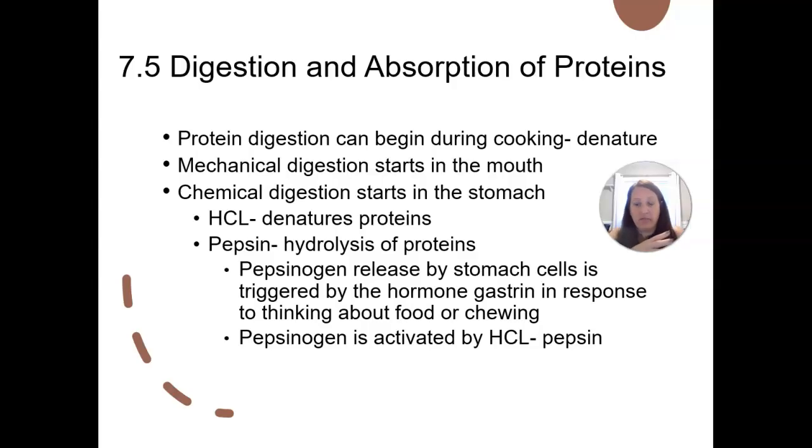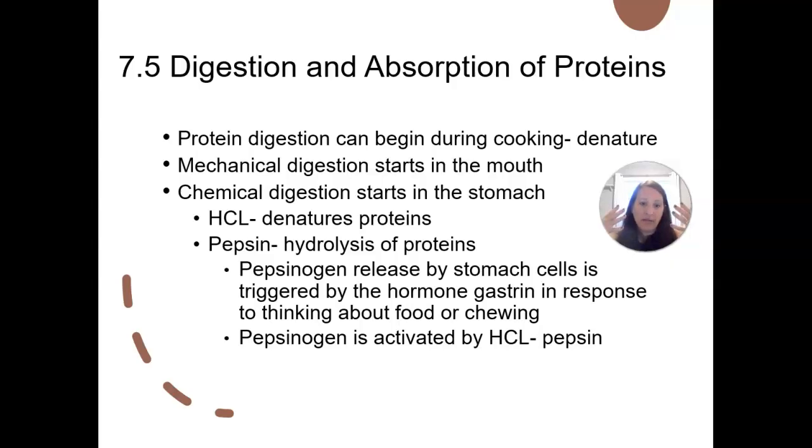Remember, heat is going to cause proteins to unfold, to lose their three-dimensional shape. Remember that term, denature. So if you're cooking a protein before consuming it, digestion actually starts outside the body because of that heat. Proteins start to unfold.